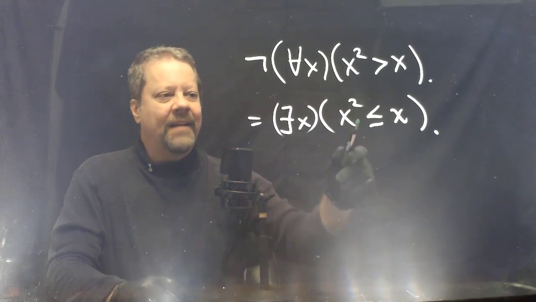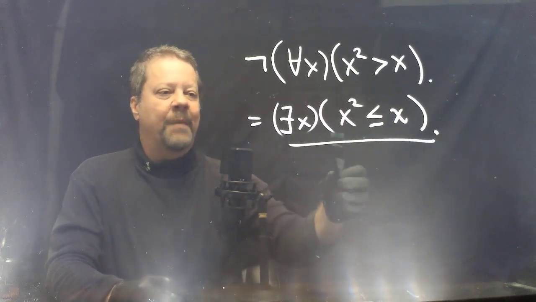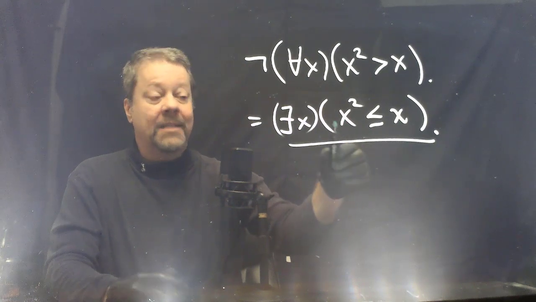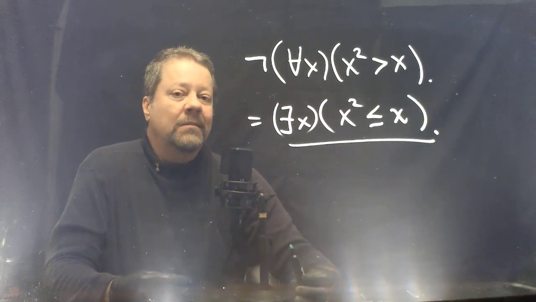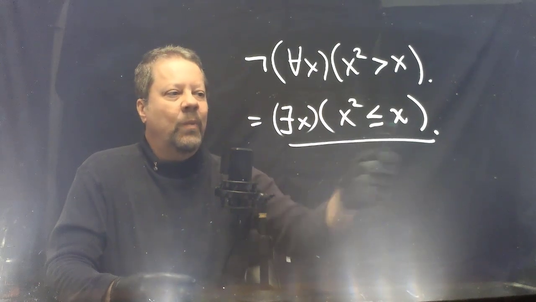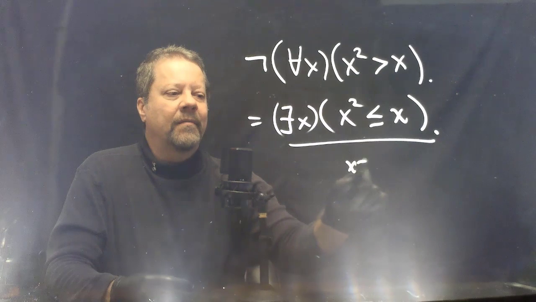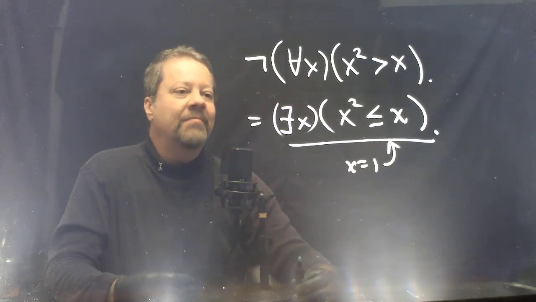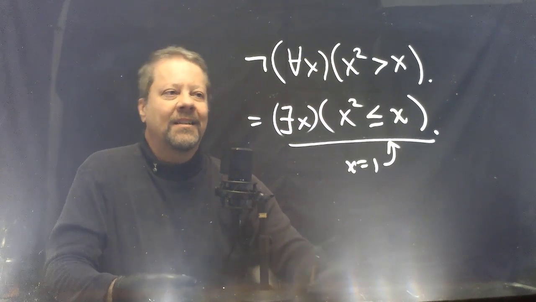And you can see that this would be a true proposition. There does exist an x so that x squared is less than or equal to x. In particular, set x equal to 1. 1 is less than or equal to 1. So exhibiting that one element shows existence.